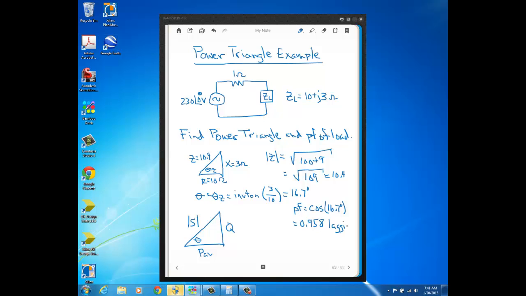So always remember with power factor to label whether it's lagging or leading. Just to write 0.958 without the lagging is not complete, so make sure to include that.